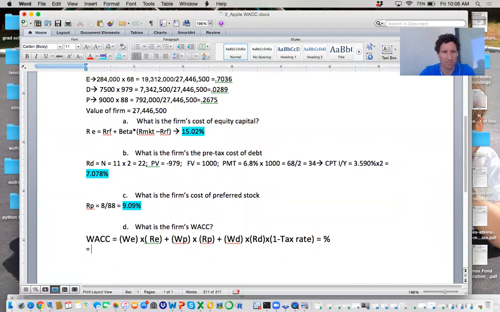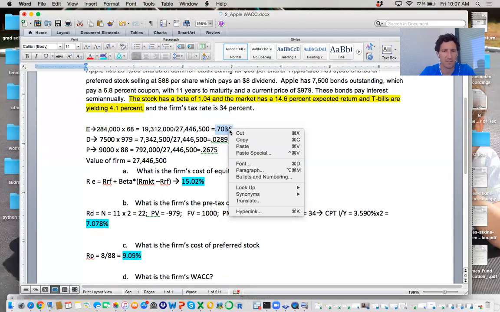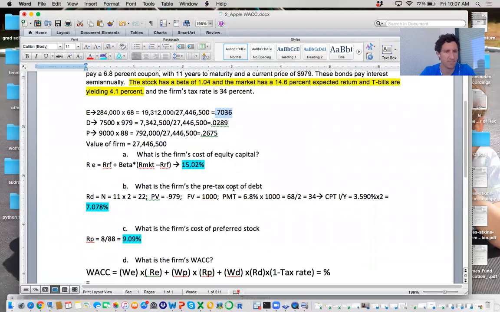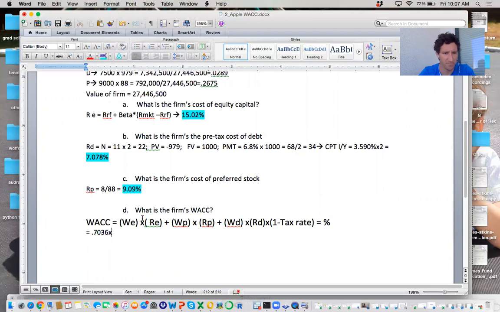Weight of equity, 0.7036, times cost of equity, 0.1502. Put that in as a decimal.